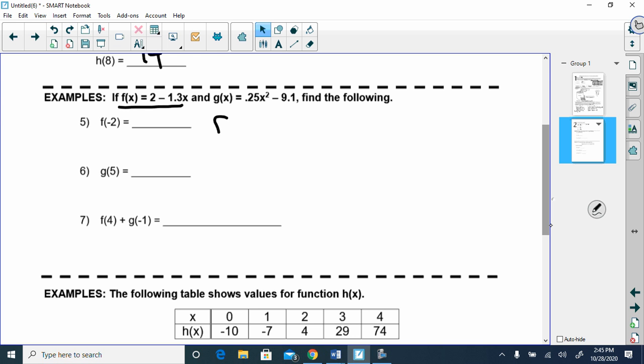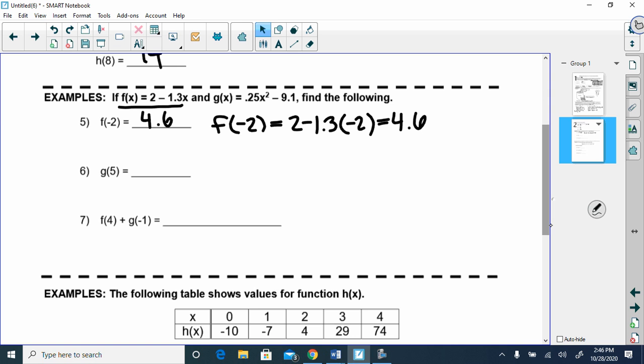So I would have f of negative 2 is equal to 2 minus 1.3, but instead of x, I plug in negative 2. Okay? So if I type that in my calculator, what do I get? So that's my output. So I put negative 2 in, I get 4.6 out.